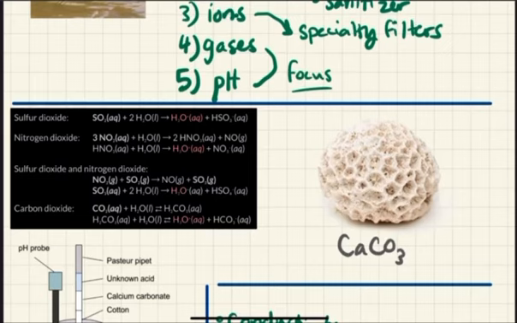Very similarly, nitrogen dioxide is a gas, and when it dissolves in water, it'll make nitric acid and nitrogen monoxide, and the nitric acid then dissociates into H3O+ and NO3−. I have the H3O+ ions highlighted in red because these are the species actually contributing to the acidity. When H3O+ is generated, that causes the concentration of H3O+ to be higher. Therefore, pH is a lower value because it is a negative log value.